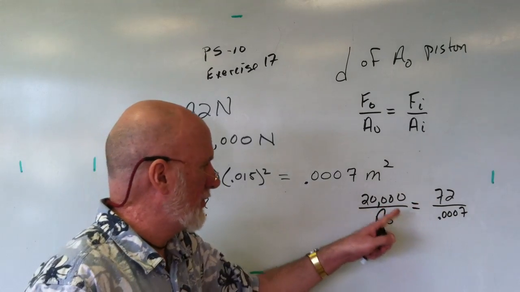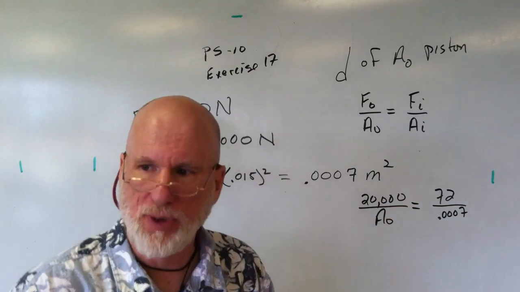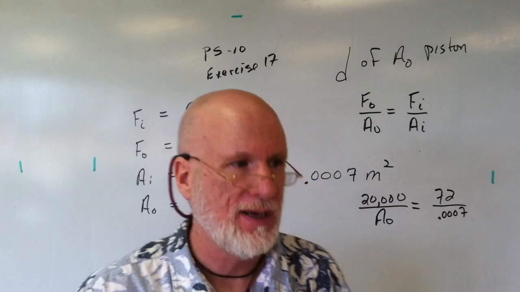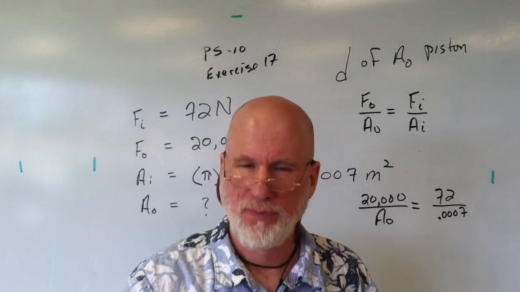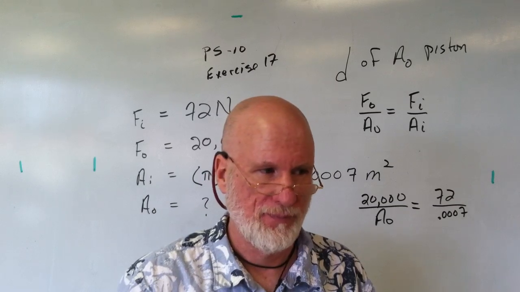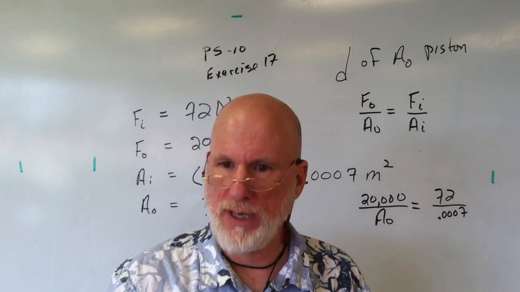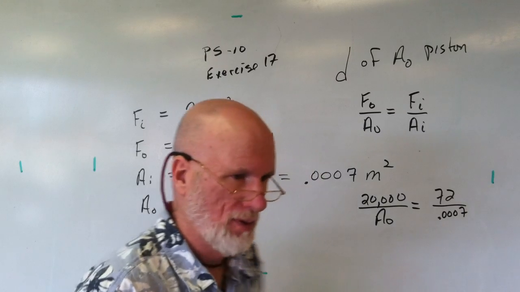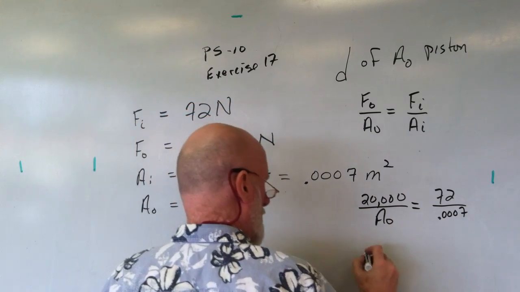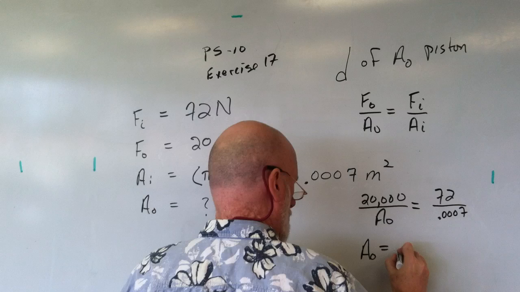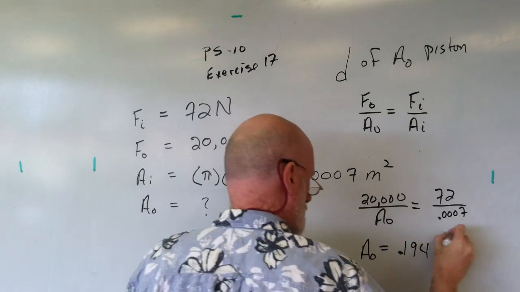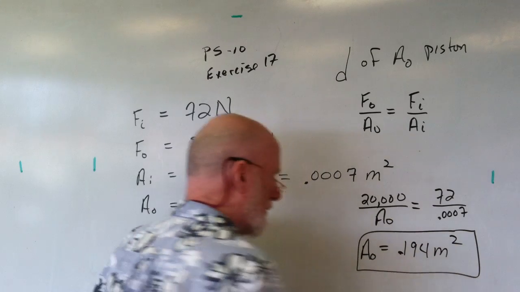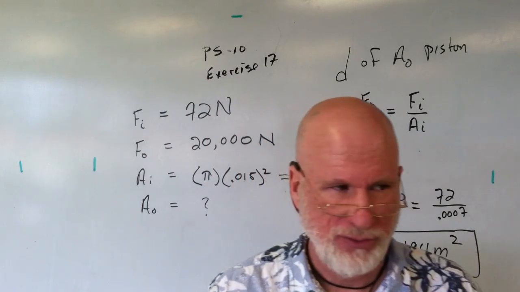What is 20,000 times 0.0007 divided by 72? Small number. 0.194. Is that what you get? So the area equals 0.194 meters squared. Is that the answer?